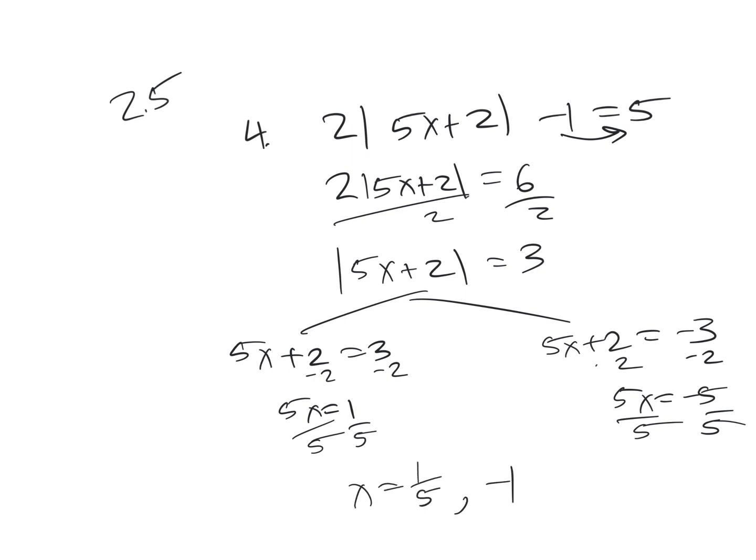One fifth and negative 1. What? Oh, I miswrote it. Okay. I guess it's 35x to the 4th minus 34x squared plus 225 equals 0.